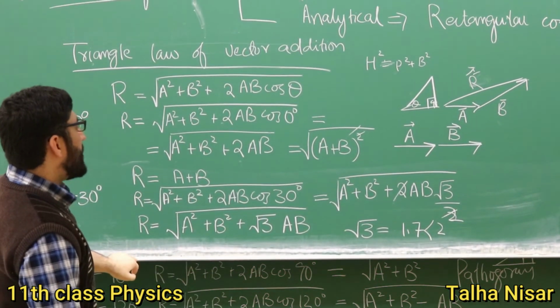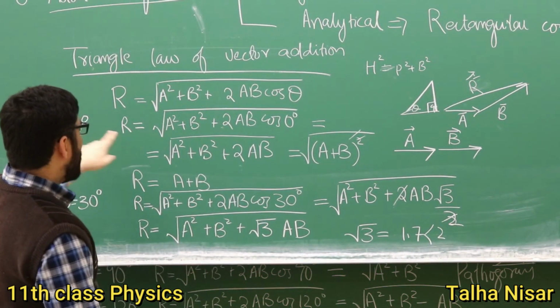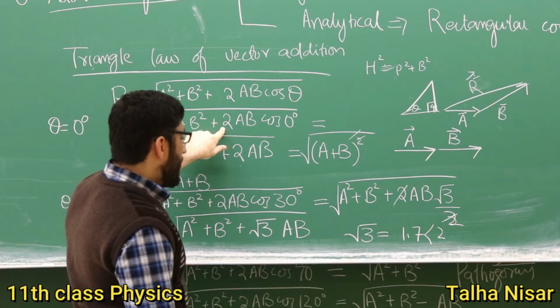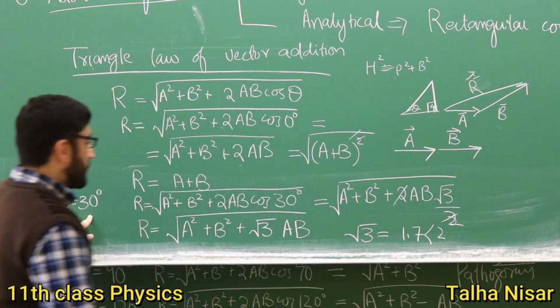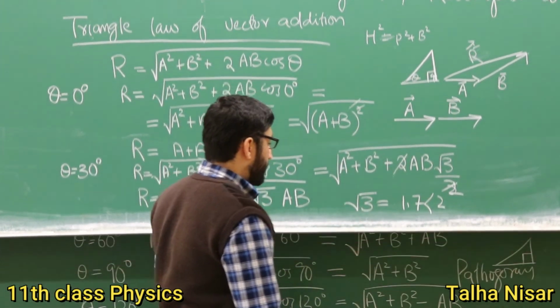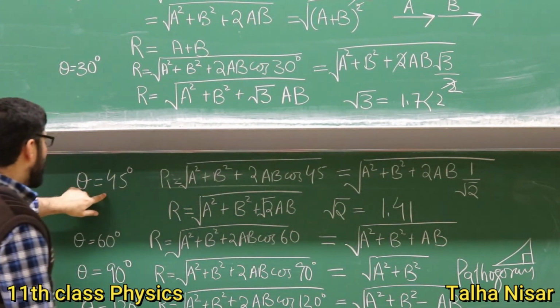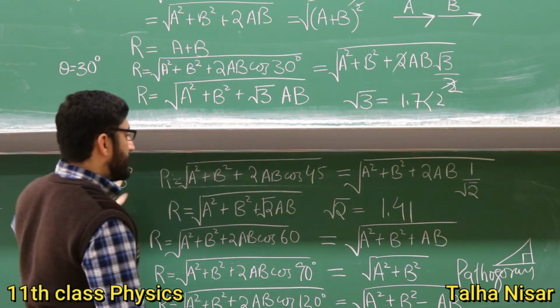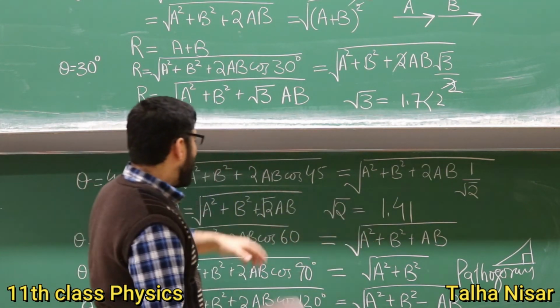So we see a pattern here. When the angle was 0, the factor was 2, and when the angle is 30 degrees, the factor is 1.7, and as we further increase the angle, the factor is 1.4.